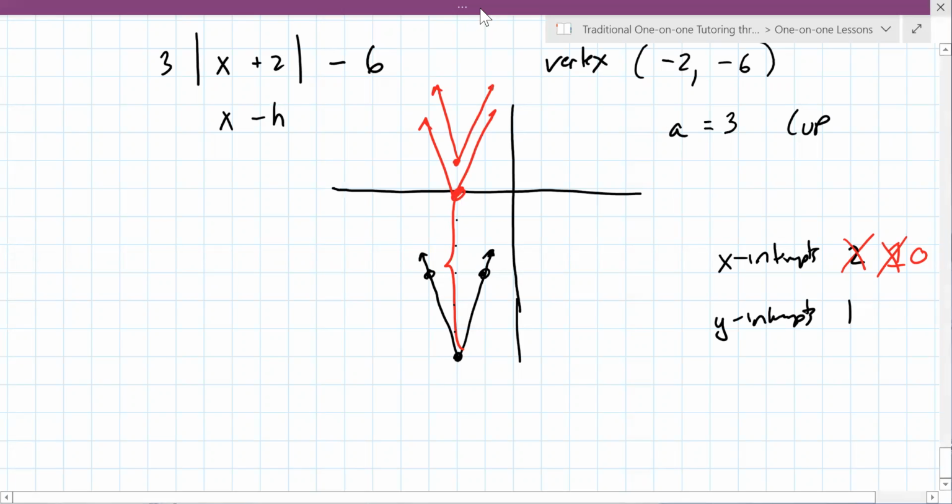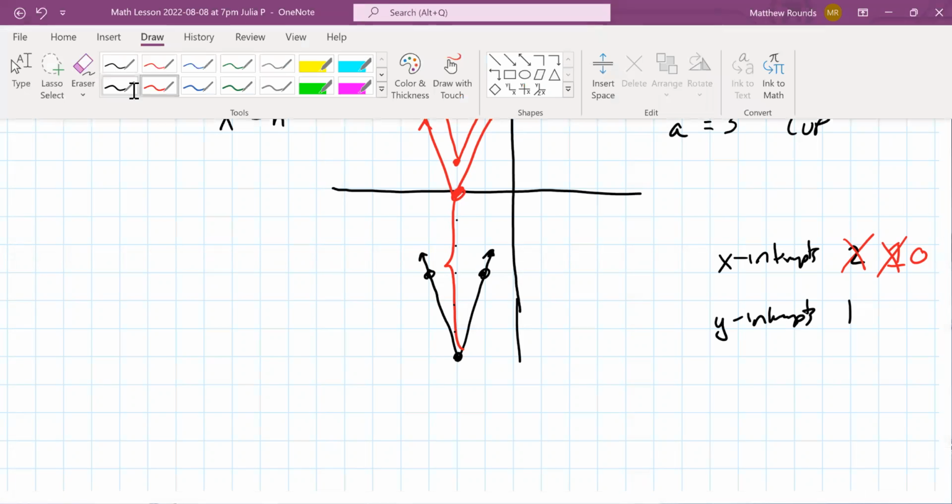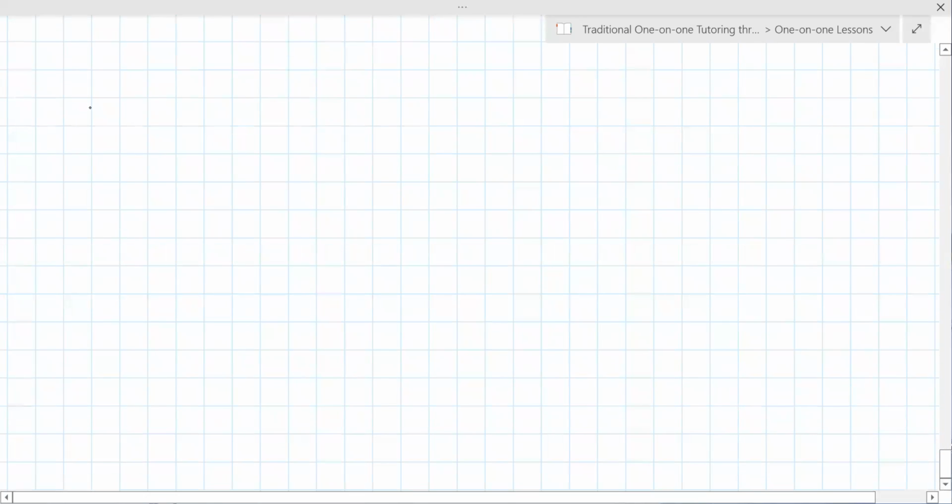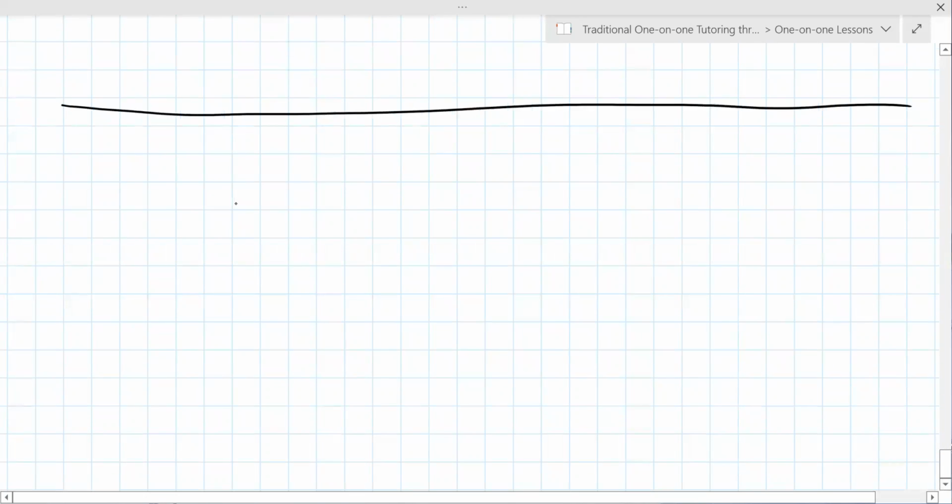All right. So let's try another problem here. We're getting really close to formalizing these concepts, but you're doing a great job here. Let's go 2 absolute value x plus 1 minus 4. Give me the vertex, please.